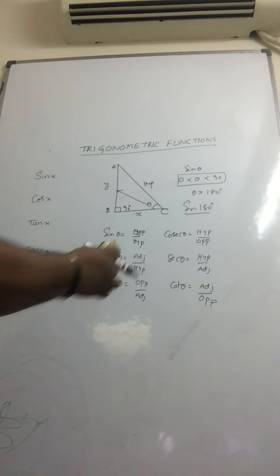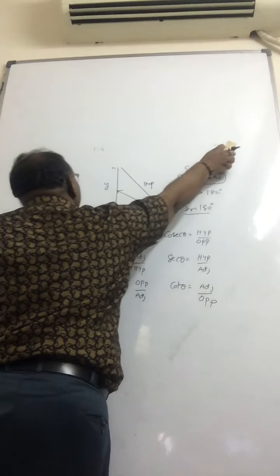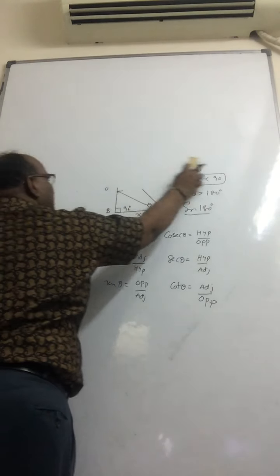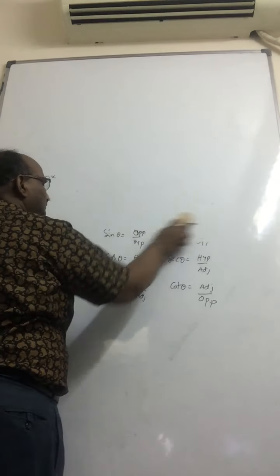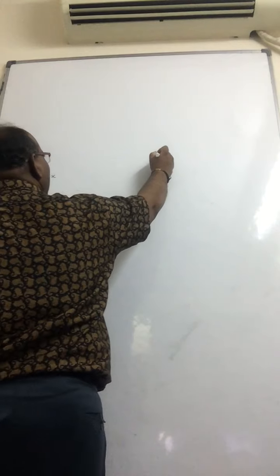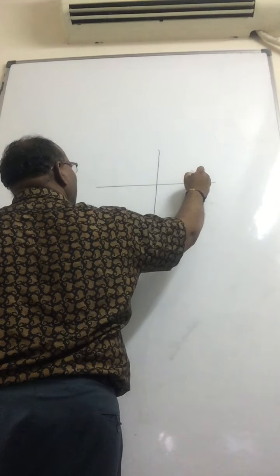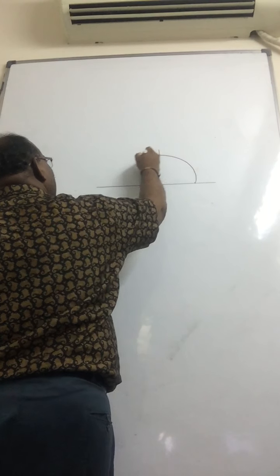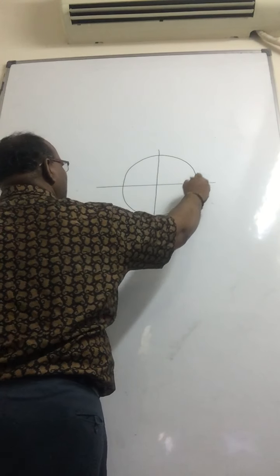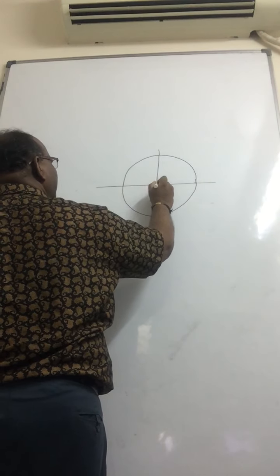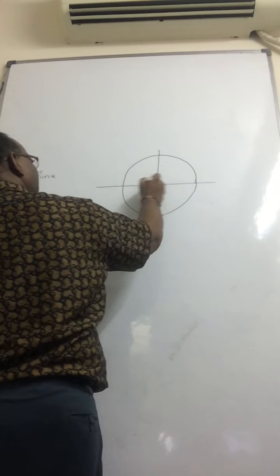So what they did is, they took a unit circle. This is the coordinate axis. It is a unit circle, which means the radius from the center is 1.